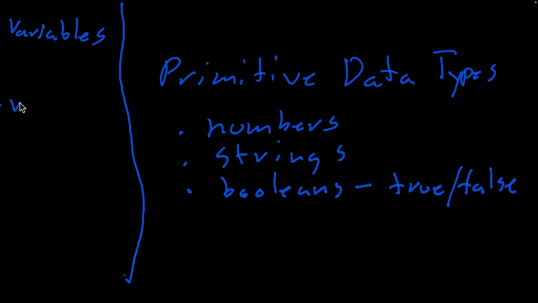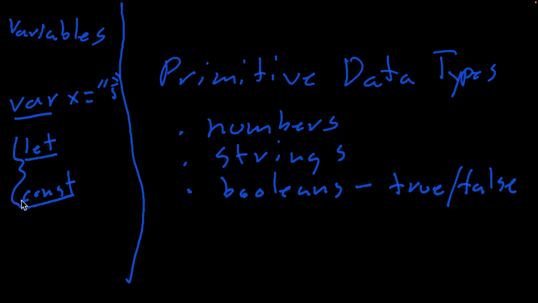When we create a variable, we say var x equals, and then whatever we want here. We can also use other words to denote variables. I'm just going to give you a quick preview. So var is the first one. We can say let, and const. We'll go over the meaning of these two when it's relevant. Right now, all you need to do is use var. So good question, but no, it's not a primitive data type.